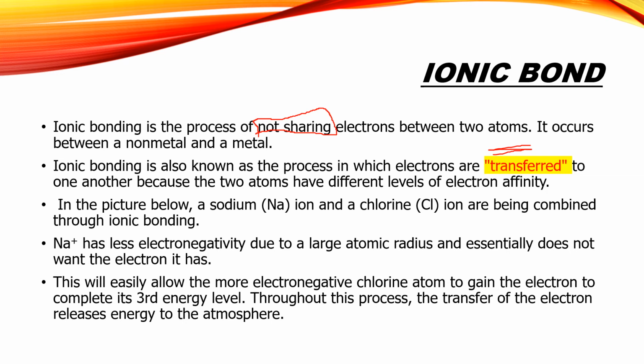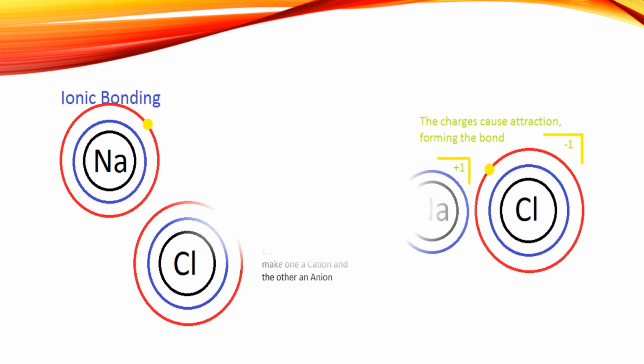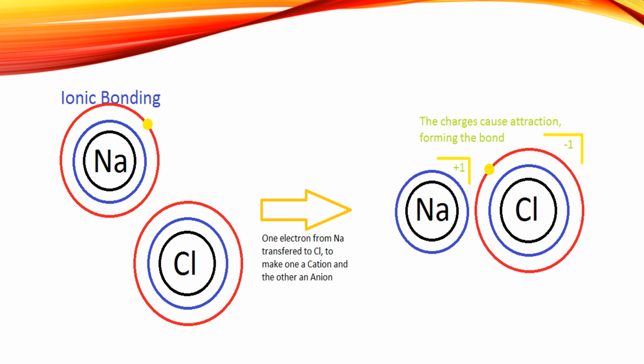Salt. I give you here an example, right? Ionic bonding Na and Cl. One electron from Na is transferred to Cl to make one cation and another one is an anion. So Na is a plus charge cation and Cl is a minus anion.